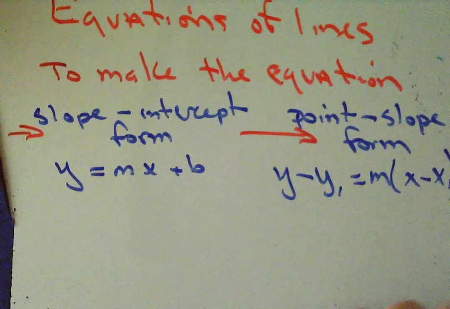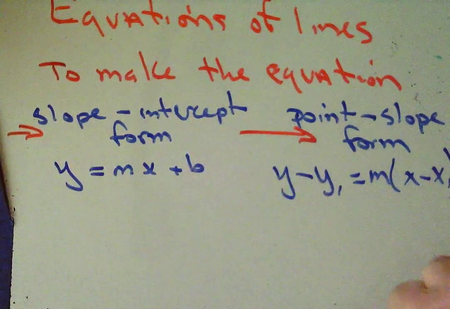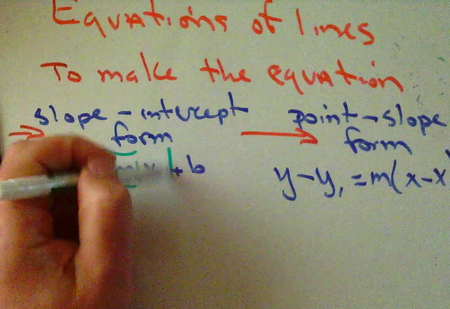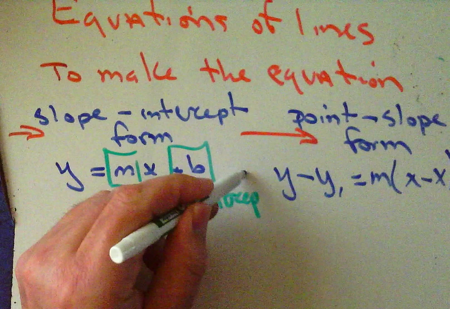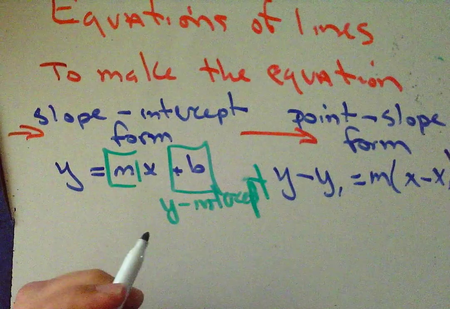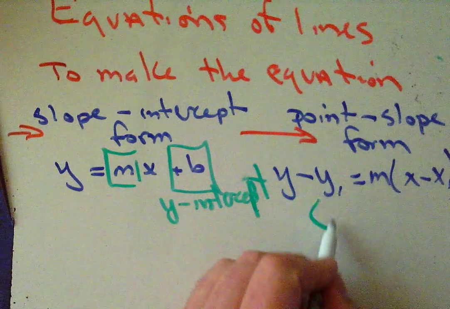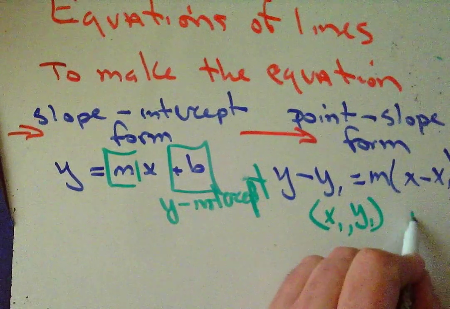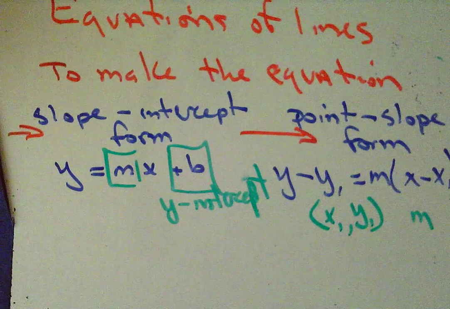Now, why are these forms called what they're called? Well, this form is called slope-intercept form because I need to know the slope of the line and I need to know the y-intercept. The y-intercept is where this line crosses the y-axis. With point-slope form, I need an ordered pair, a point (x1, y1), and I need a slope. So that's what I need for either of these.